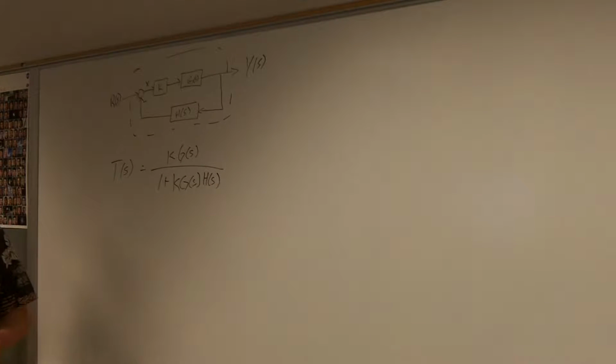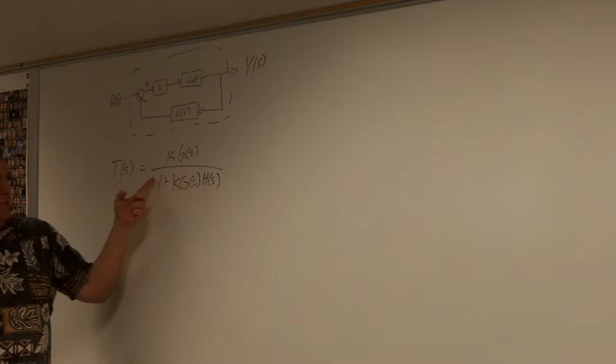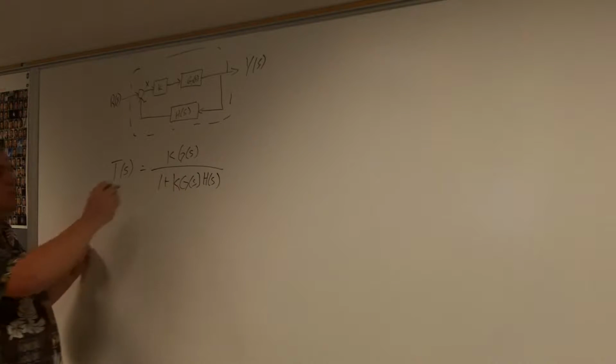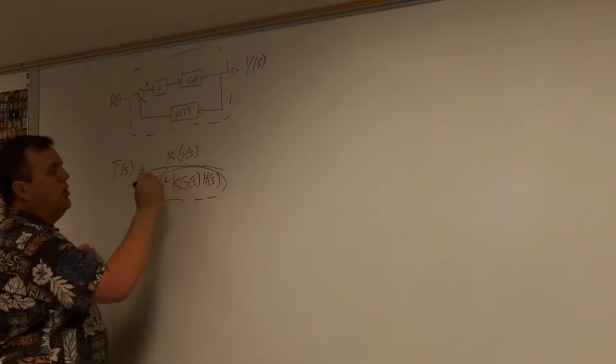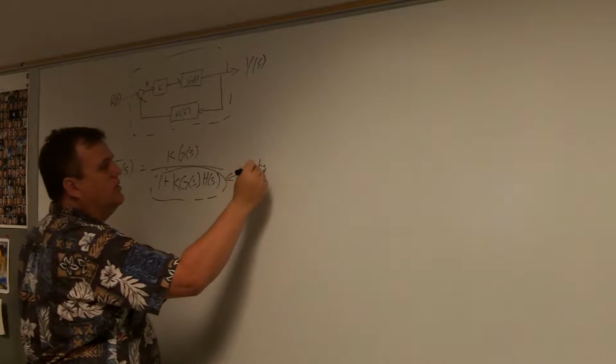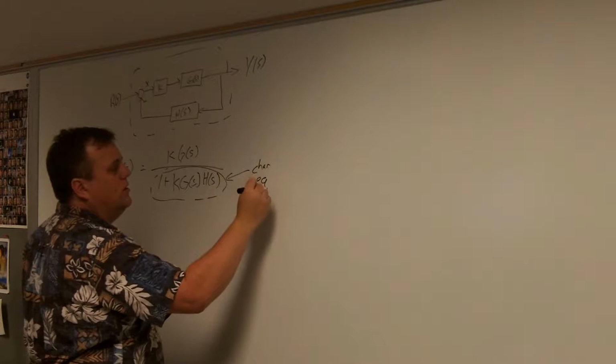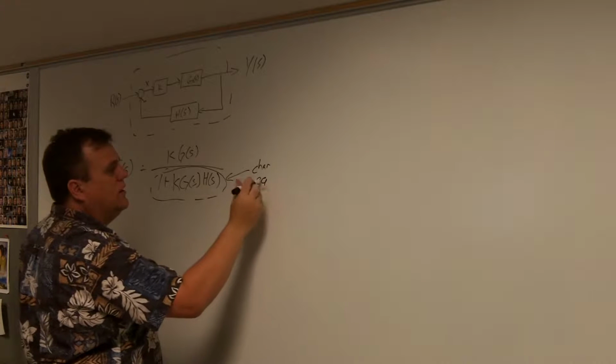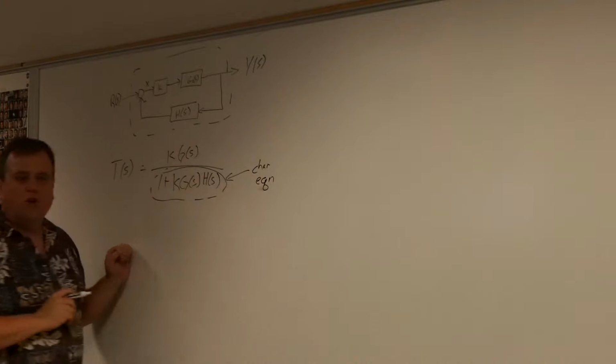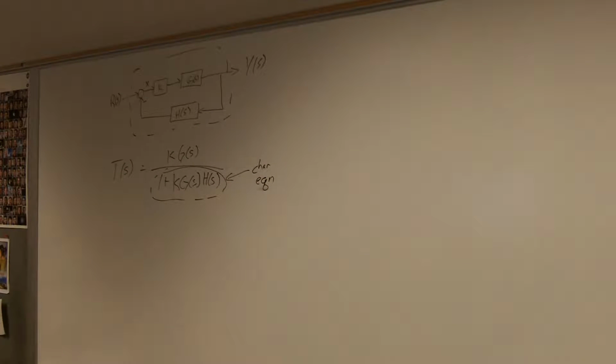All right, so the behavior of this system now, with a set of observations and a control that's in here, is going to be given by the characteristic equation, which is the bottom. So this is what we call our characteristic equation. Anybody else know when we use the term characteristic equation? In differential equations, where does it come up? Where you get eigenvalues.